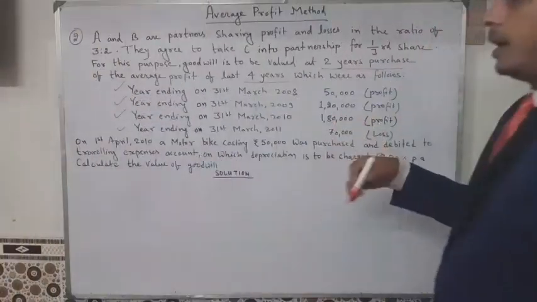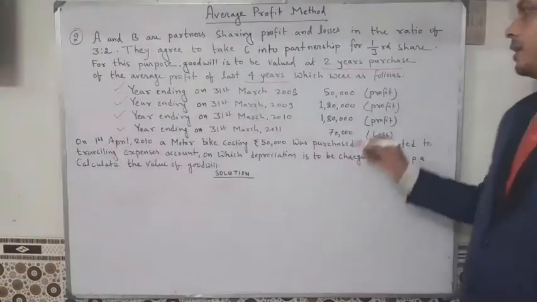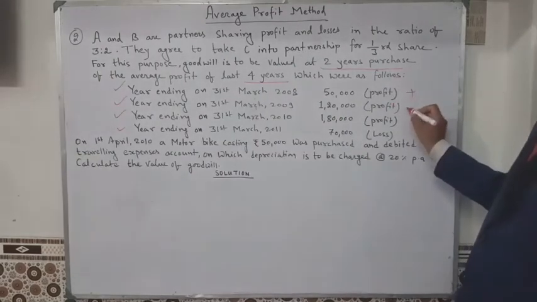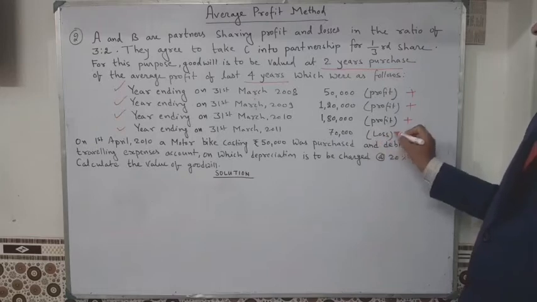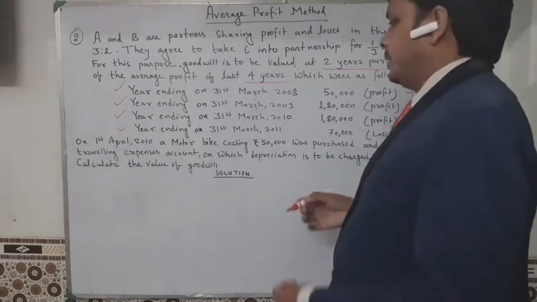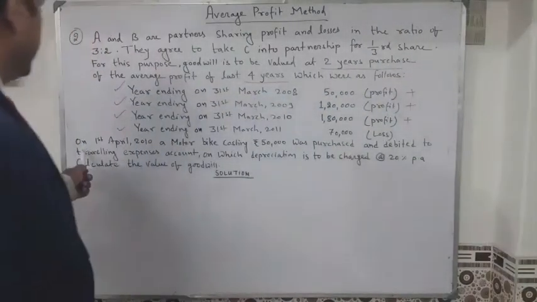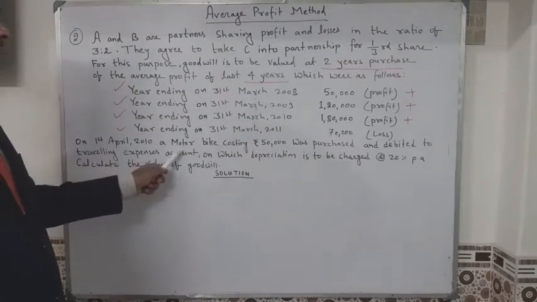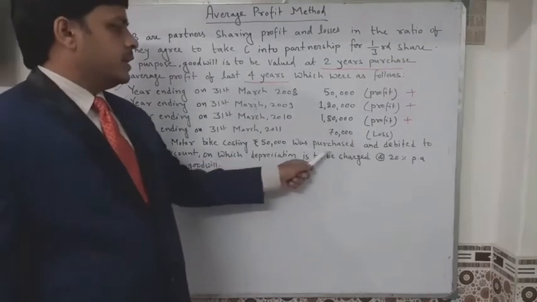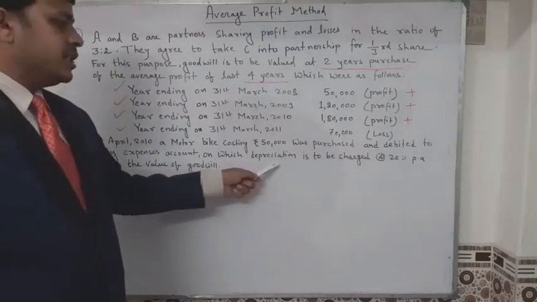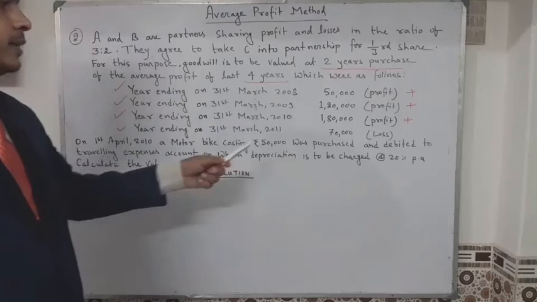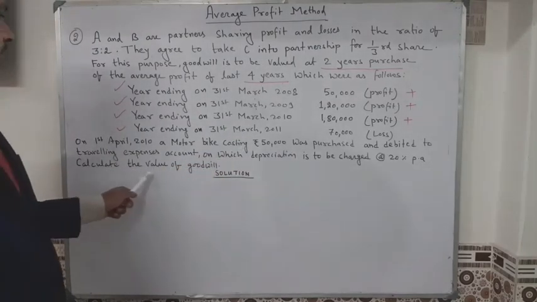I have already discussed in the last class: if a profit is given, then you will plus; if a loss is given in the question, then you will minus. On 1st April 2010, a motorbike costing 50,000 was purchased and debited to travelling expenses account, on which depreciation is to be charged at a rate of 20%. Calculate the value of goodwill.